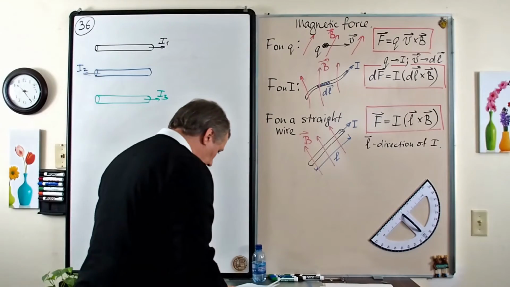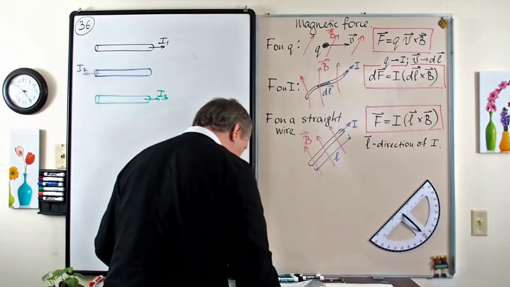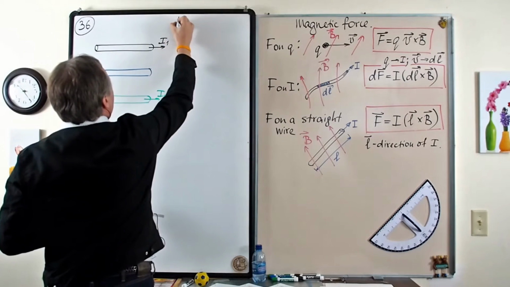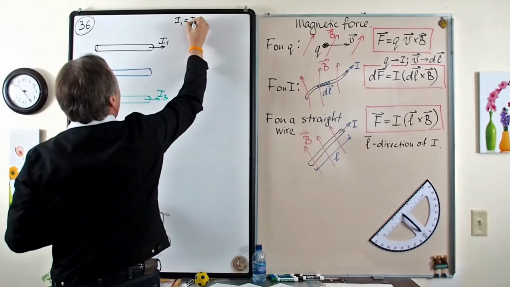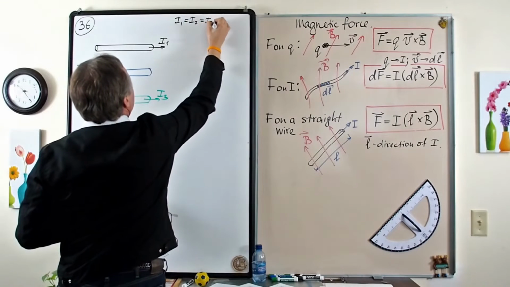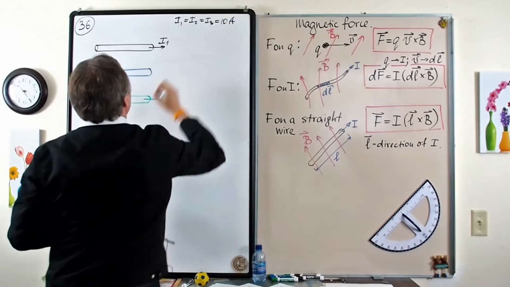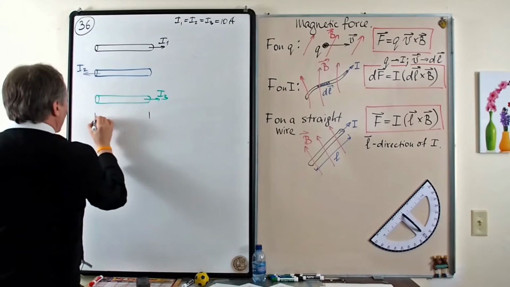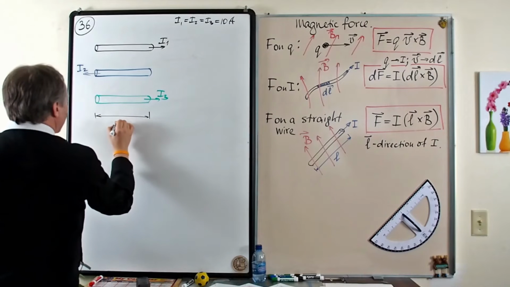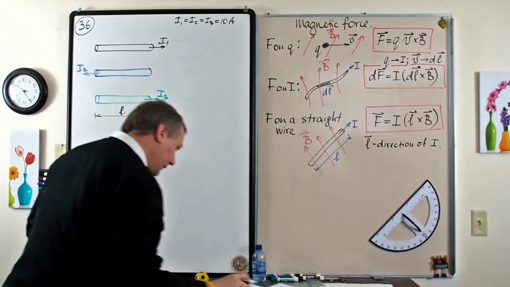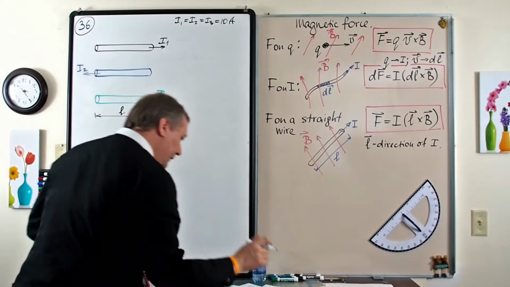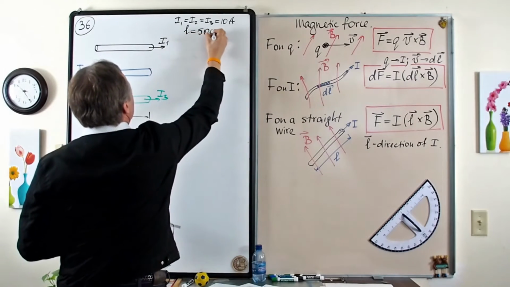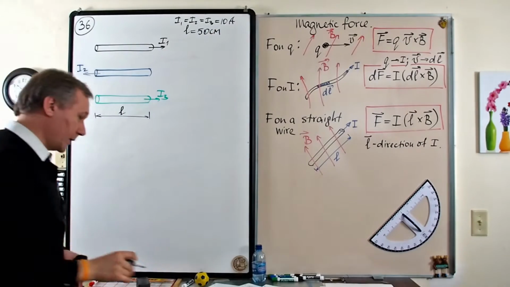The values of these currents are given, they're all the same. So I1 equals I2 equals I3 equals 10 amps. Then the lengths of these wires are the same, L, and L is 50 centimeters, half a meter.